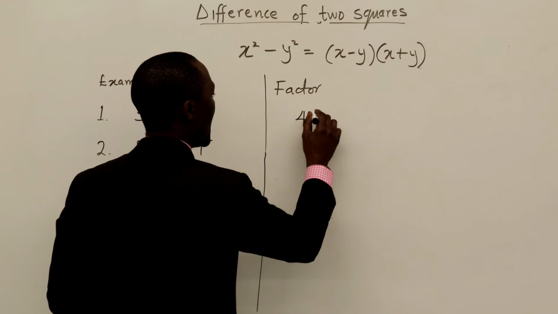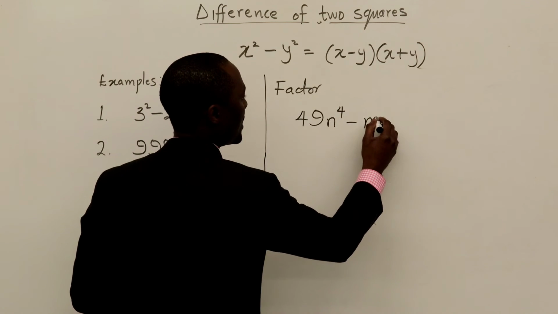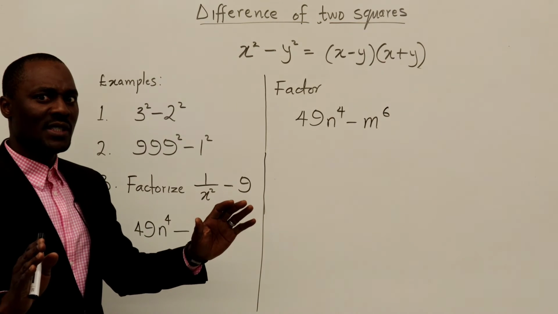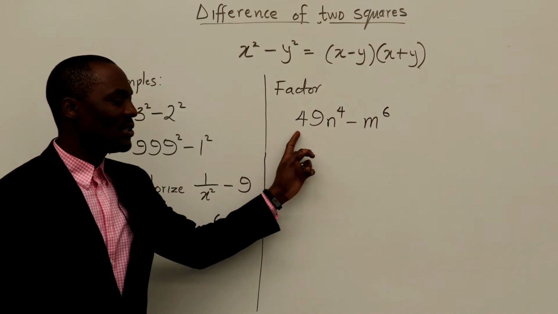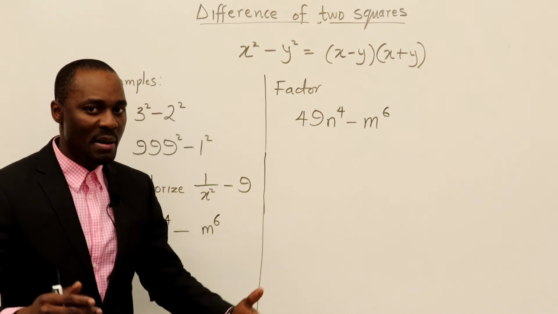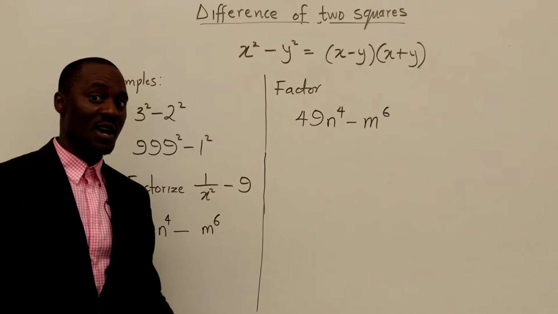This is 49 n to the 4th minus m to the 6th. Well, you said that's what you're thinking. This is about squares. I don't see squares here. I see numbers bigger than squares. Yes, remember, if it is an even number, it is still the square of another number.